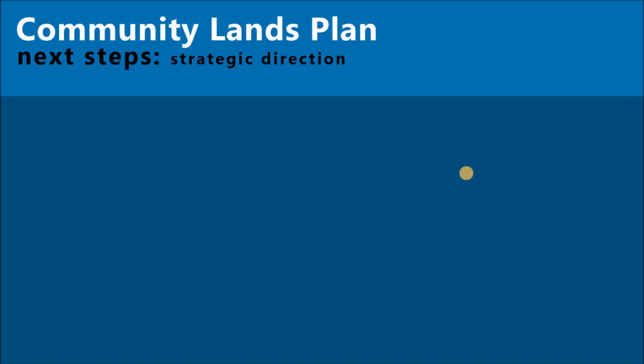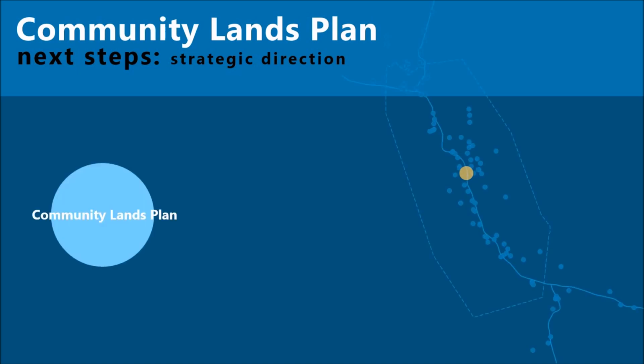So here is a bit of a discussion around what direction the Kwalndun Community Lands Plan will provide to the city. For example, the city's official community plan will be reviewed in this upcoming year, and the Community Lands Plan will provide Kwalndun's input into that process.